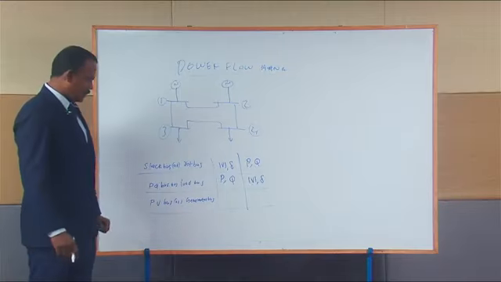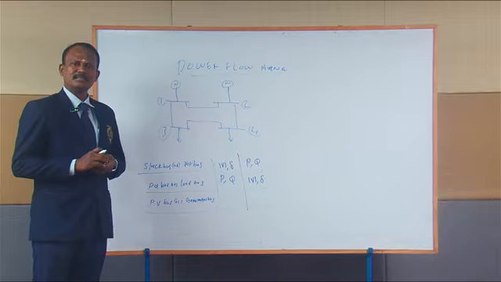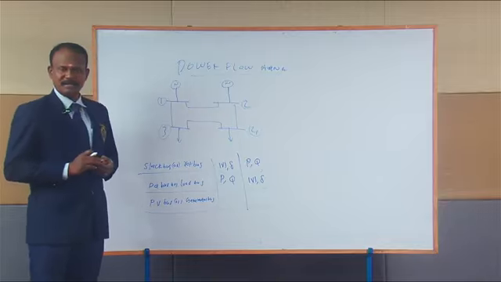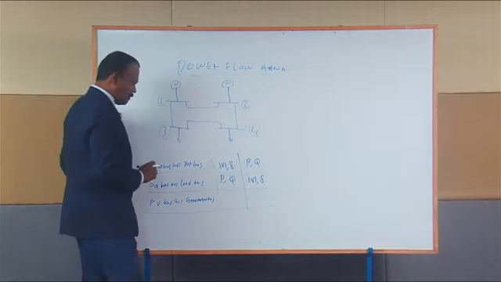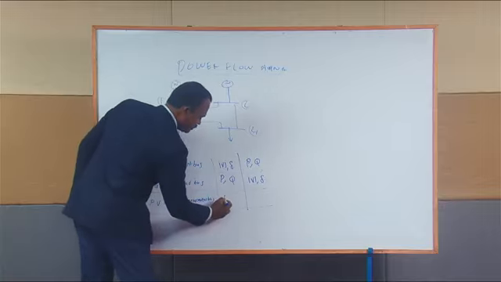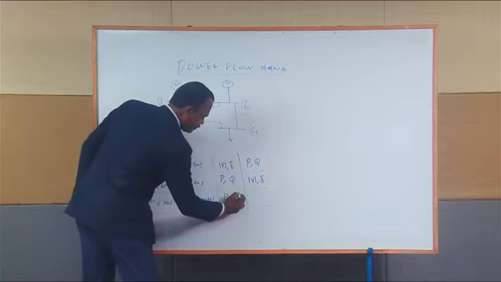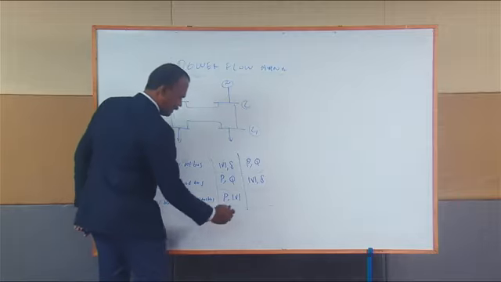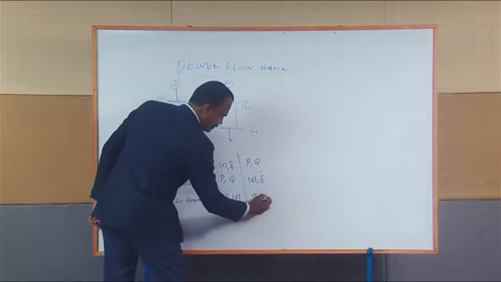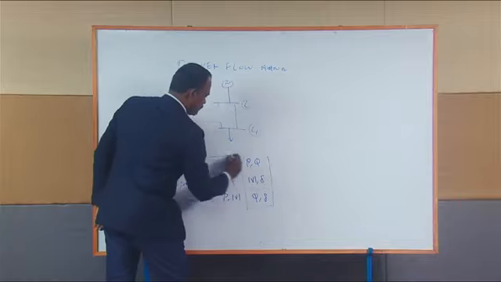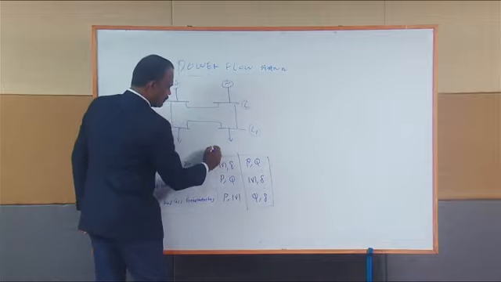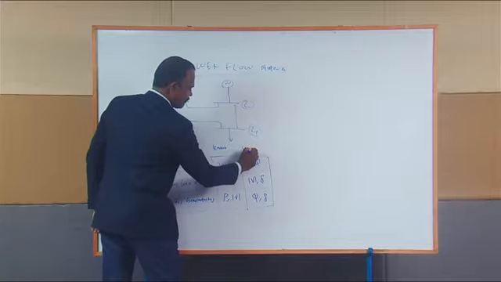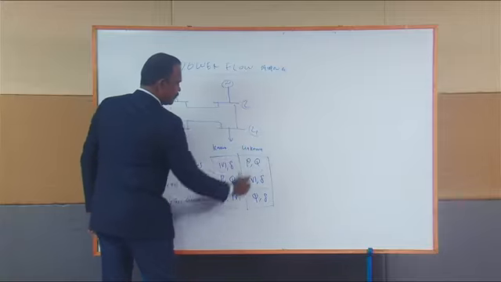The PV bus or generator bus is similar to the slack bus in that we have a generator, but in the PV bus I know the real power P and the voltage magnitude modulus V, and I don't know Q and delta. These are the known variables and these are the unknown variables.